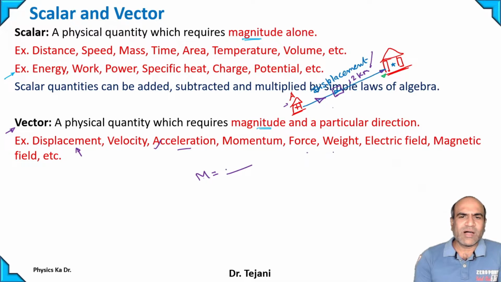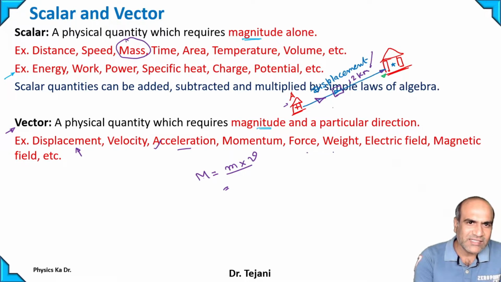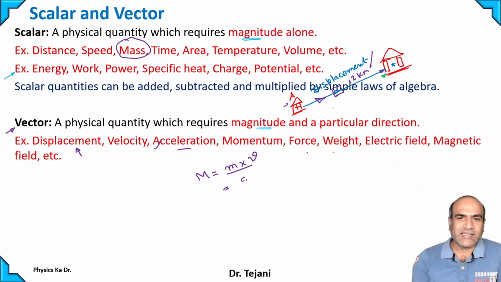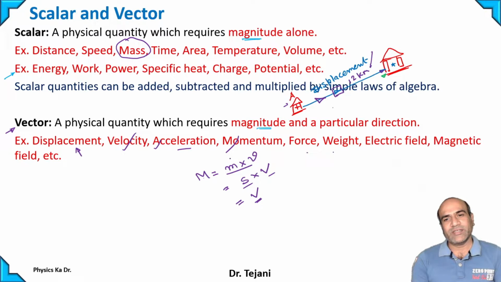Momentum is equal to mass multiplied by velocity. Mass is a scalar quantity and velocity we already proved is a vector quantity. So vector multiplied by scalar gives us a vector quantity. That's where momentum becomes a vector quantity.